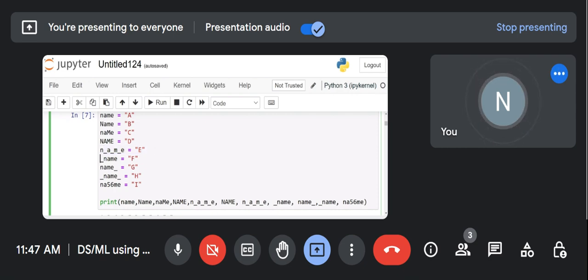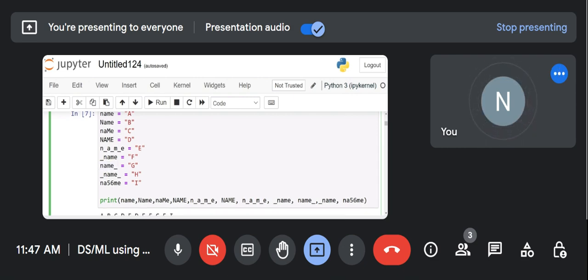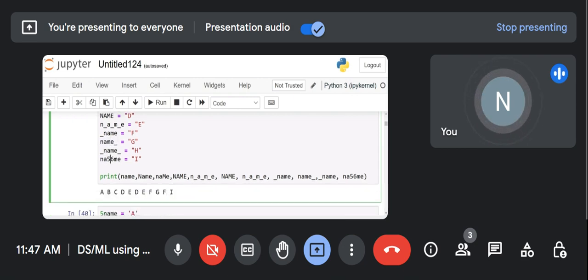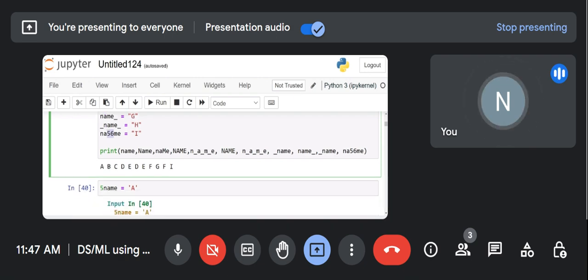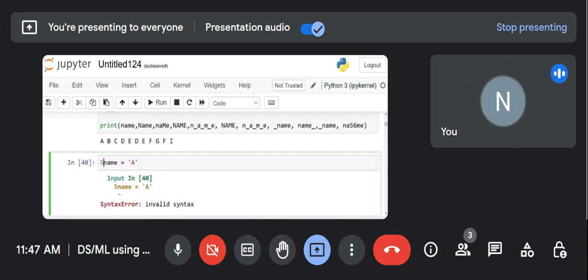If I use an underscore at the start, then also it will not harm you. At the end, also correct. If I use numerics in between, then also it will not trouble you at all. But what is going to trouble you? If I use numerics in front, like 5name equal to a, we can't use numerics there. This is not a proper way to declare a variable.